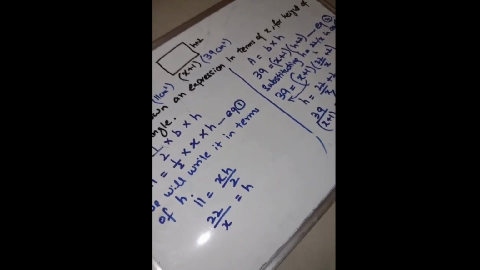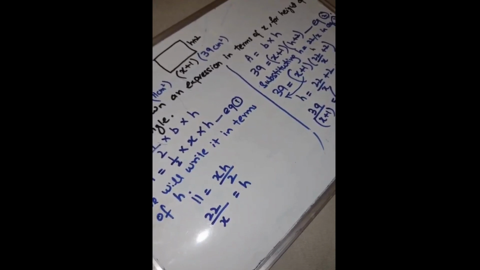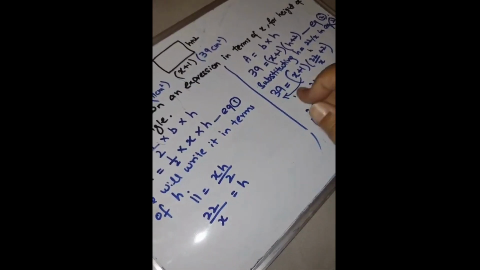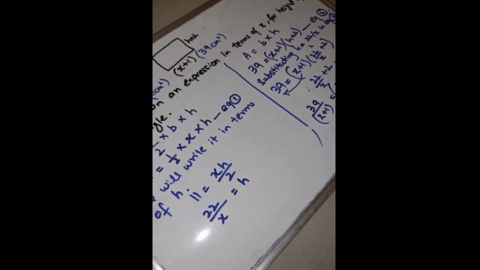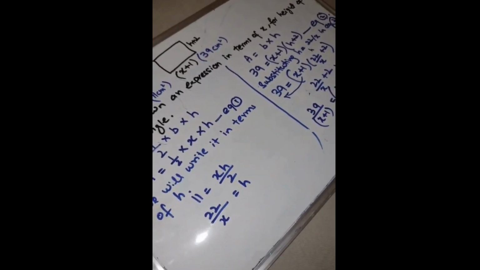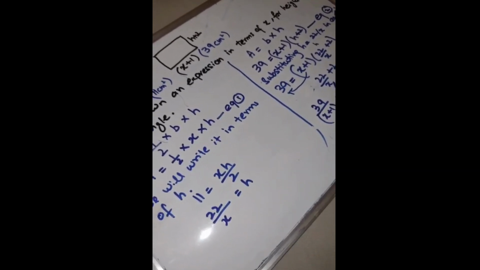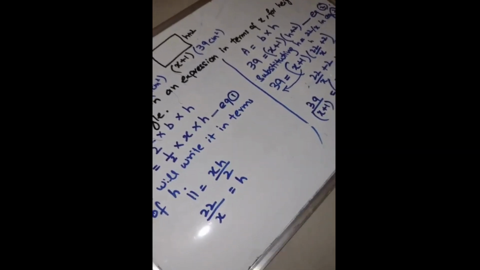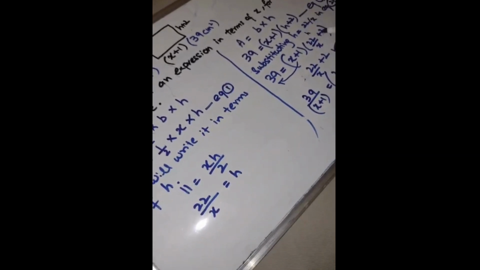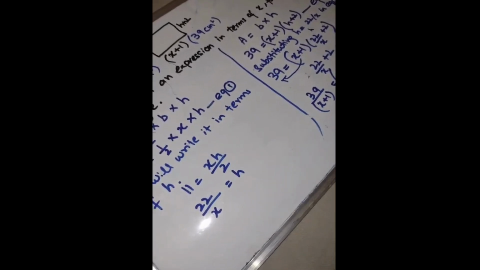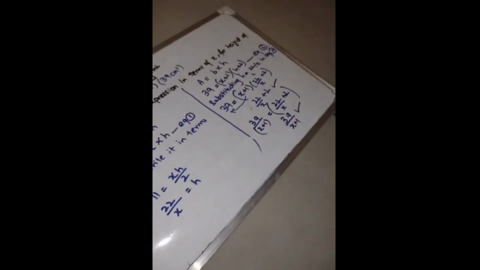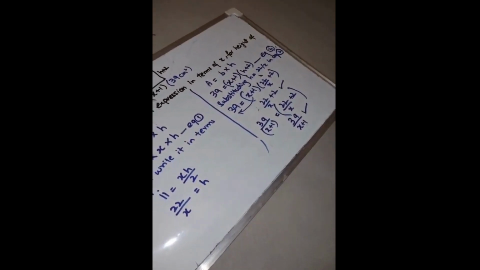So the expression would be either this or this, 39 over x plus 1, because this height is equal to this expression, and this height is equal to this expression. So both answers will be correct.